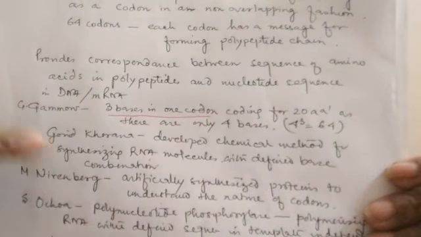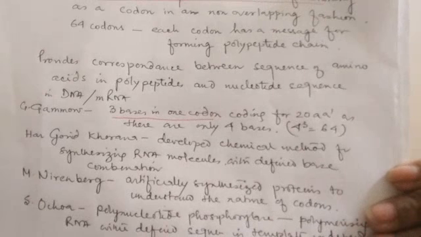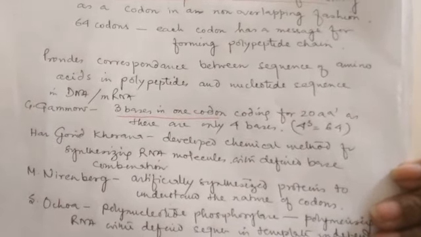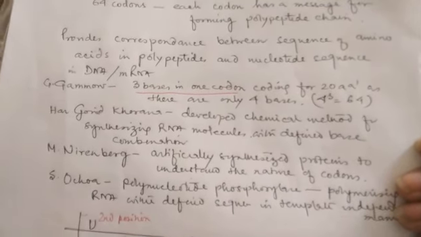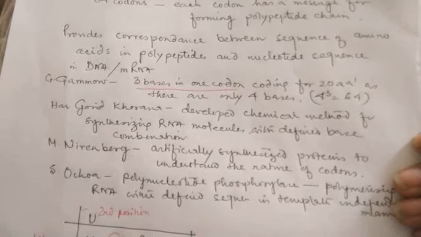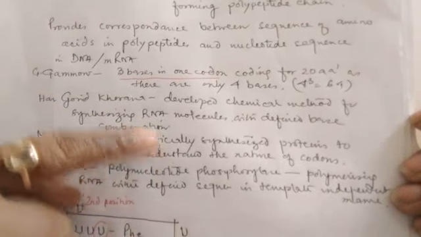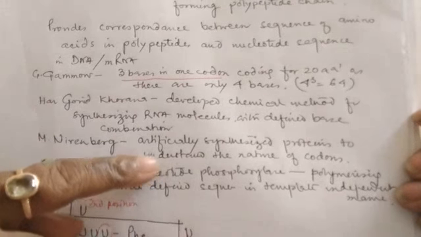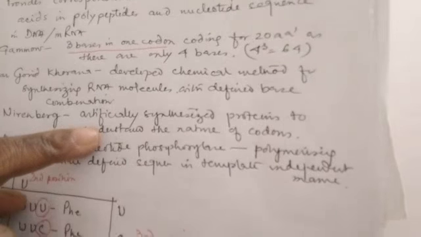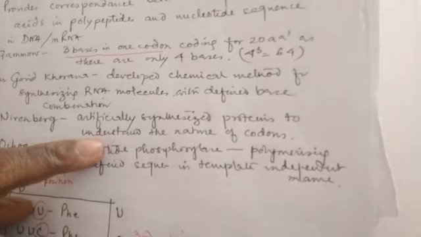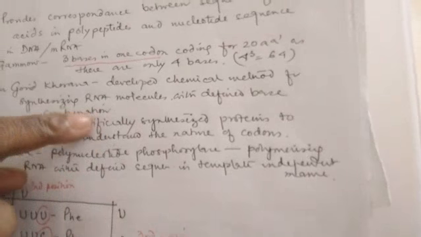Next is Dr. Hargobind Khorana, who also chemically synthesized the RNA. Clear, he found the chemical means to synthesize RNA. And then Nirenberg, he artificially synthesized protein to correlate the relation between this RNA and the amino acids. Clear? So he synthesized proteins to see how these codons are related to the proteins or amino acids.